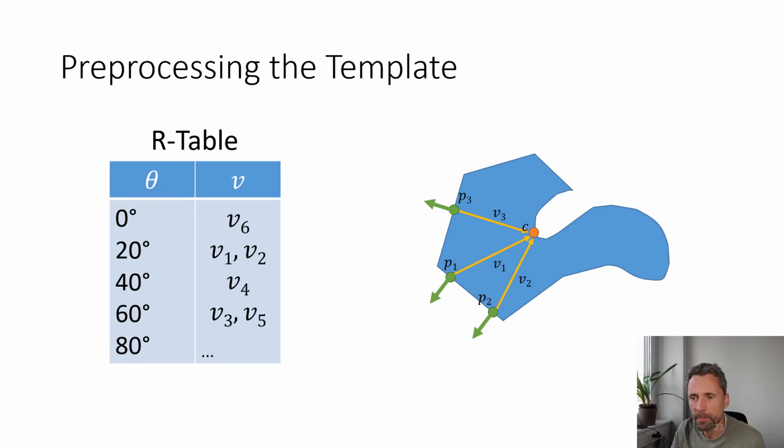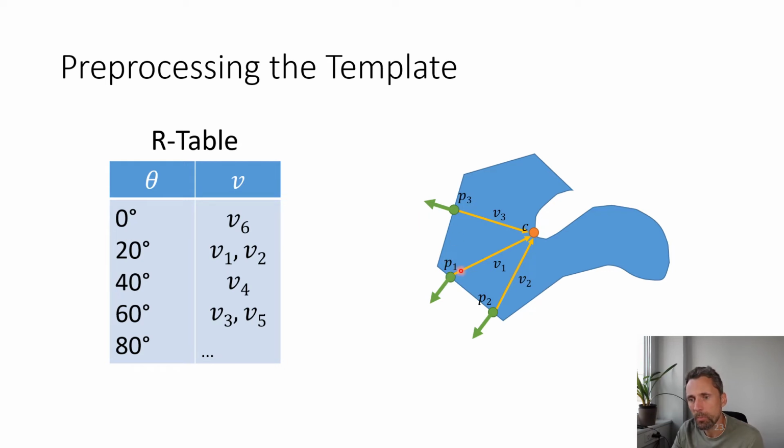And we'll then iterate over all of those contour pixels and add these vectors vi into a table. Now we do that discretizing the angle theta in a certain amount of steps. Let's say every 20 or so degrees we'll use another bin.